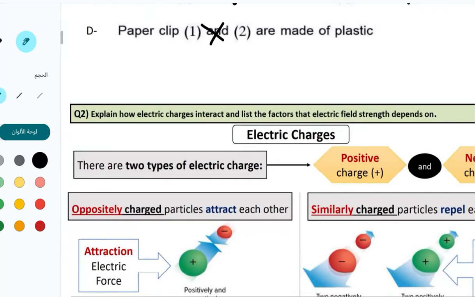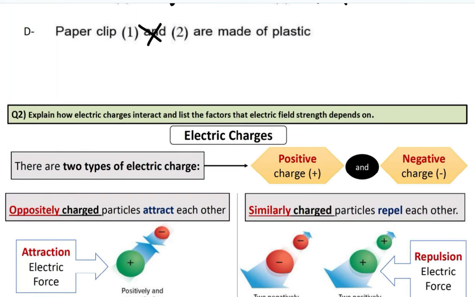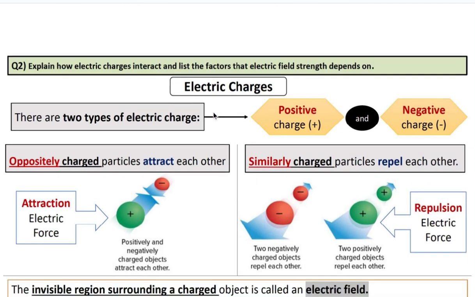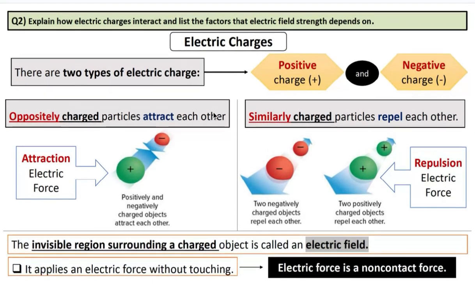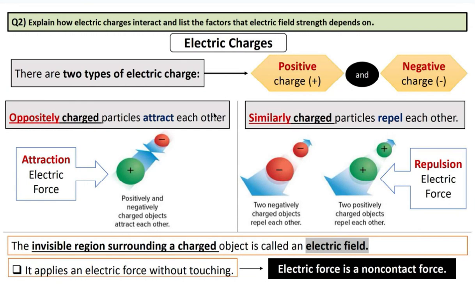Let's go to the next outcome, which says, explain how electric charges interact and list the factors that electric field strength depends on. So there are 2 types of electric charges. Electric force is very similar to magnetic force, because they're both non-contact forces.